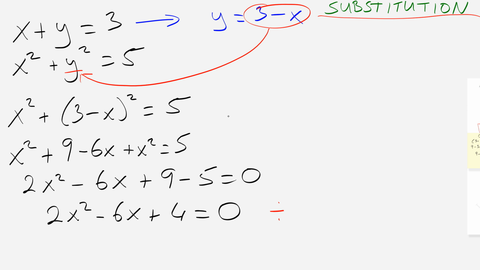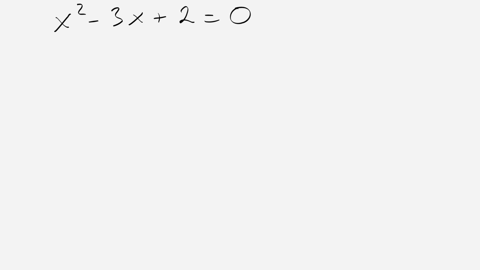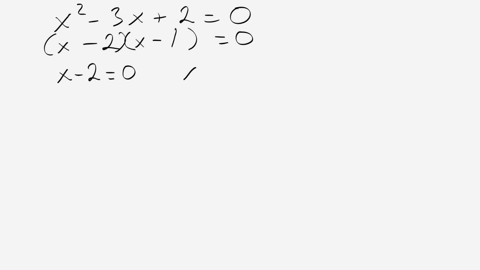We divide the equation by 2, and we get x squared minus 3x plus 2 equals 0. Factorizing that, 2 and 1. This part should be straightforward enough. So you've got x equals 2 and x equals 1.